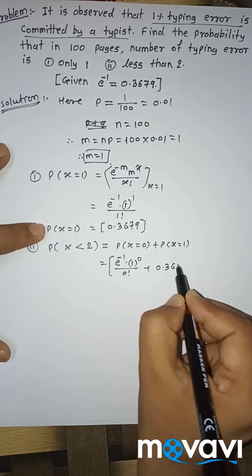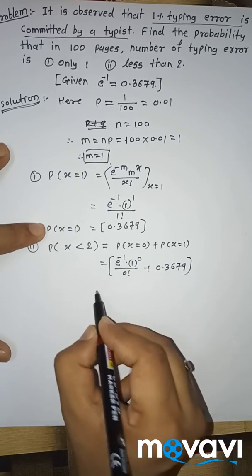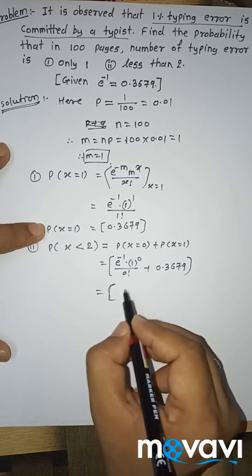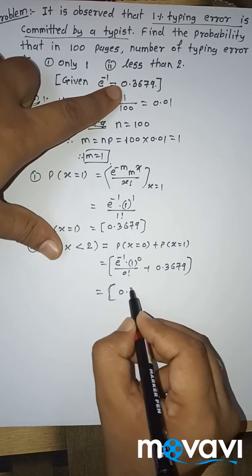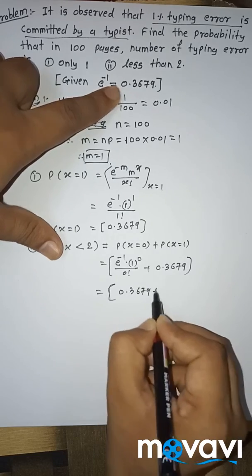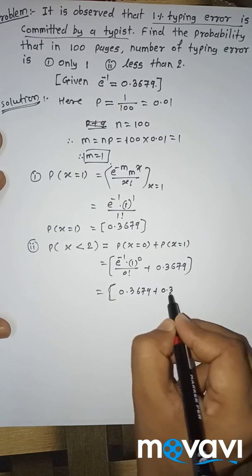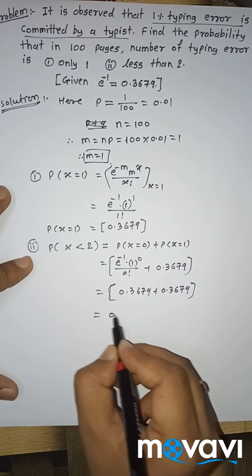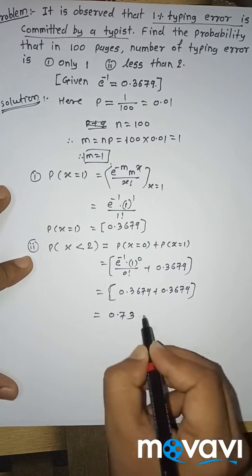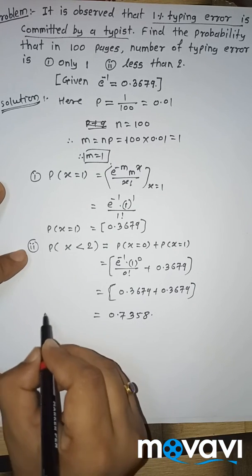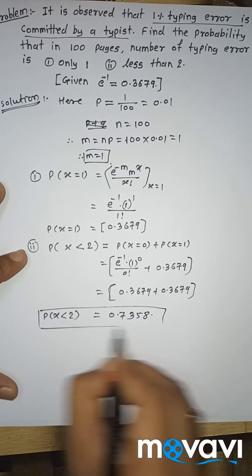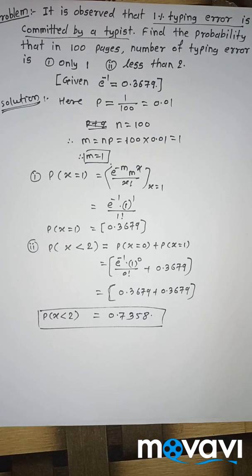We use this value here. This is equal to e raised to minus 1. E raised to minus 1 is 0.3679 plus 0.3679. This is equal to 0.7358. Therefore, probability of x less than 2 is 0.7358. This is final answer.